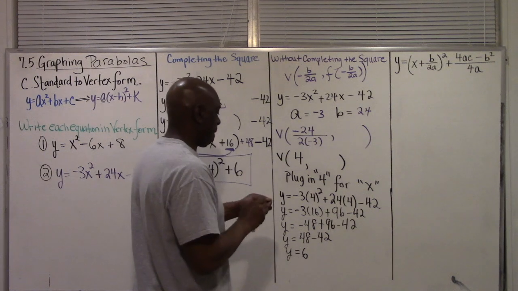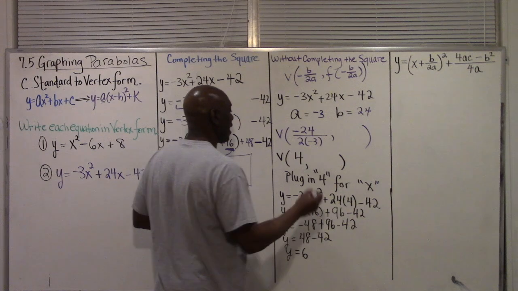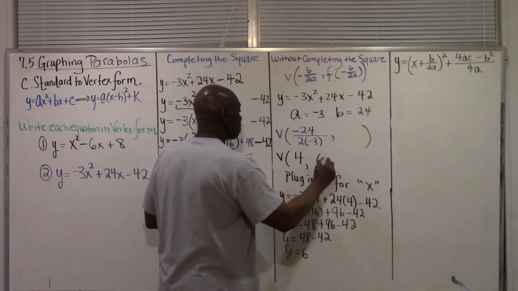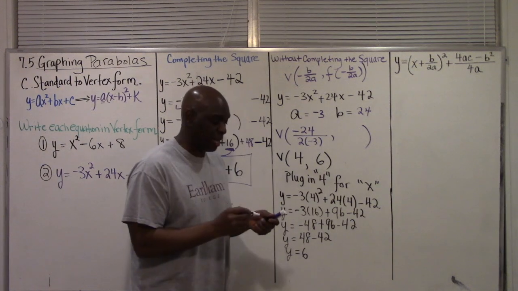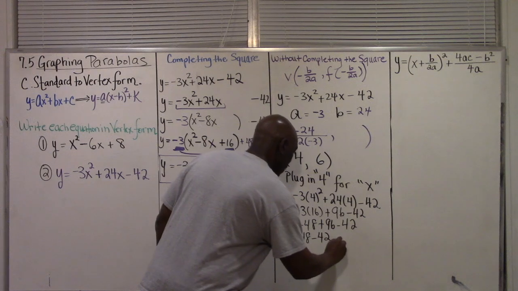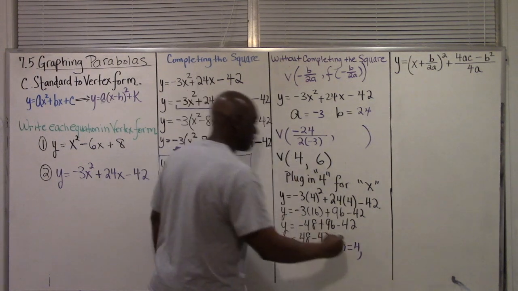We got it. There you go. So when x is 4, y is 6. That's our vertex. That's our H, K. So H is 4. K is 6.